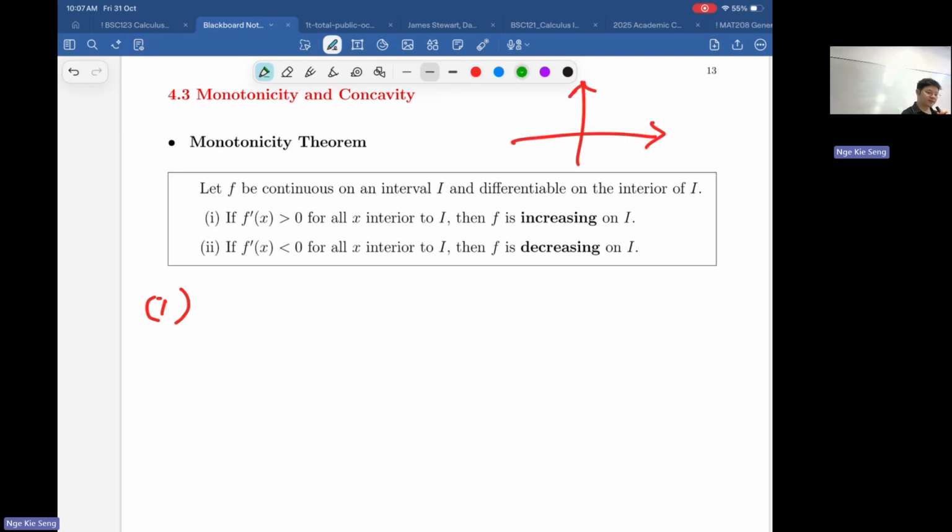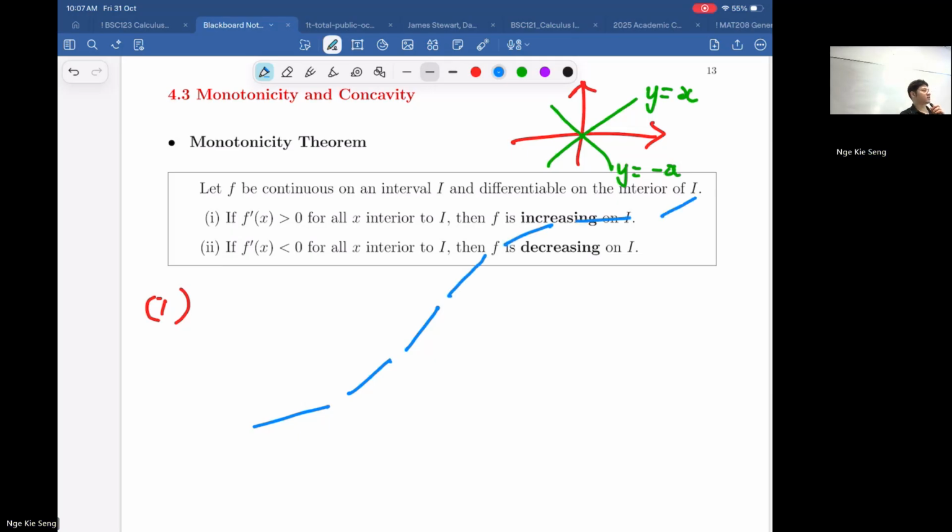Really there are two basic lines you should remember: y equals x and y equals minus x. If it is positive, then it is drawing from the third quadrant to the first quadrant. So a positive gradient of tangent line maybe looks like this.